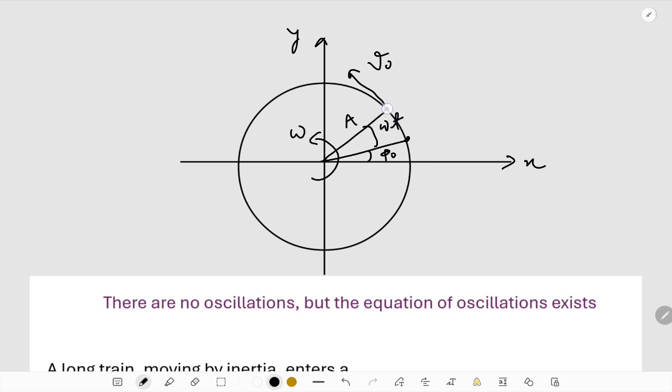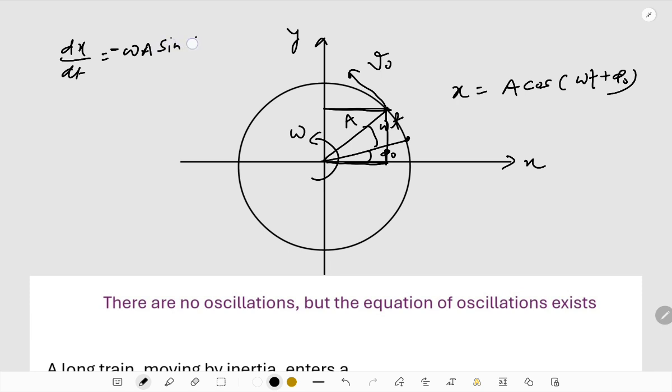Its x coordinate can be found from this value. You can write its x coordinate as a cos(omega t plus phi naught). If you differentiate it once, that is dx by dt, the value you will get is omega a times minus sine(omega t plus phi naught).